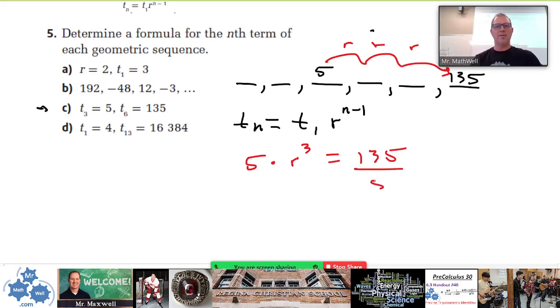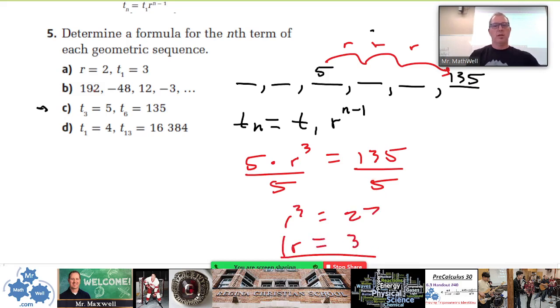So divide by 5, what do we get? What's 135 divided by 5? 27. r cubed is 27. Cube root of 27 is 3. So if r is 3, I can now find out what T1 is, right?